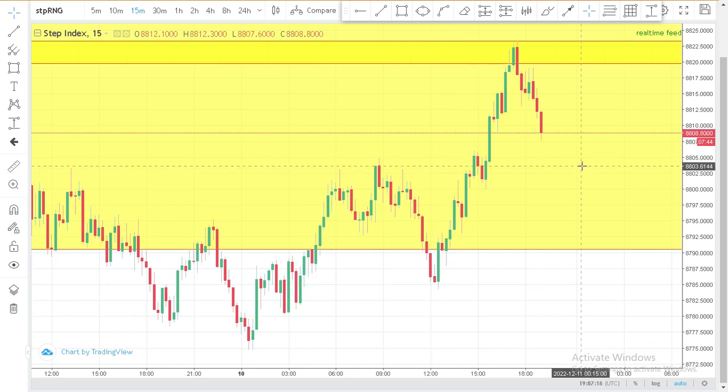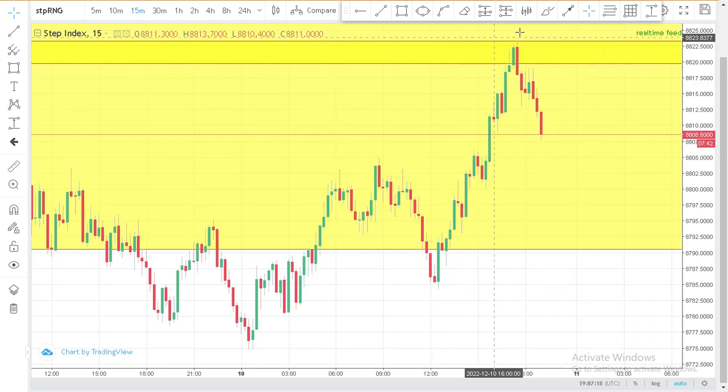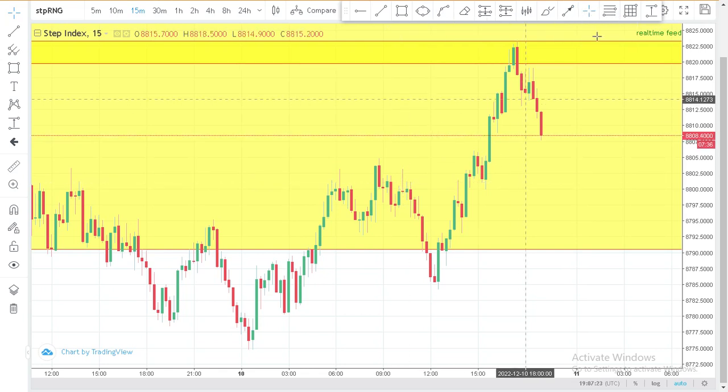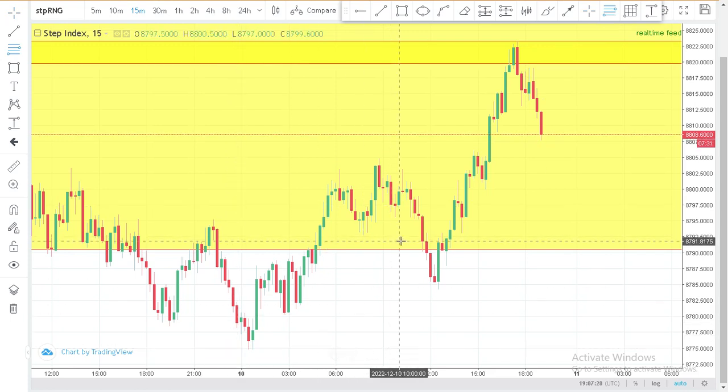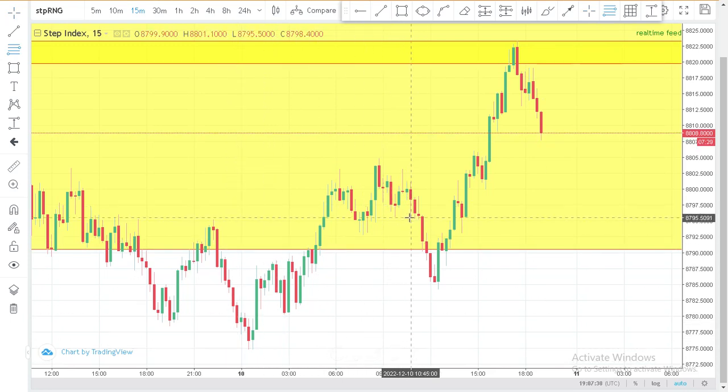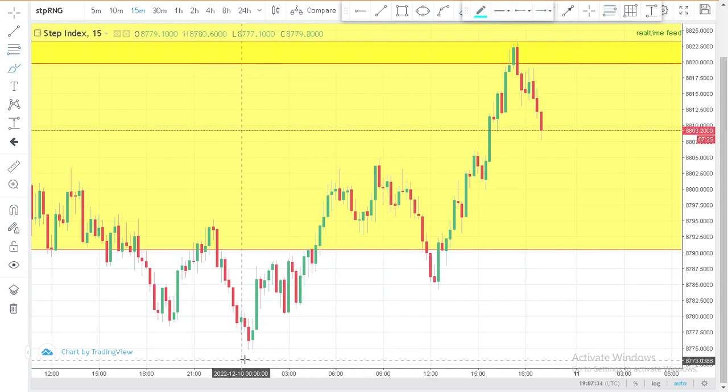I also use Fibonacci. So Fibonacci, where is my Fibonacci? Oh, there it is. Okay, so I also use my Fibonacci. For example, since the market is pushing up, how do you see that the market is pushing up? It's simply easy.